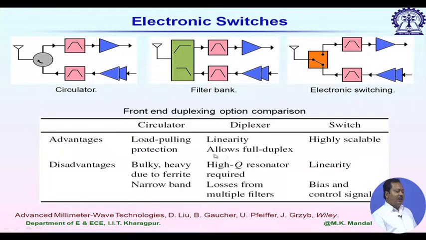But the disadvantage is that we have to design two band pass filters having two different frequencies, and now let us say the two frequency bands are closely spaced. So, then the rejection level at these two bands for these two different filters should be as high as possible. Sometimes the specified value can be 80 dB or more.